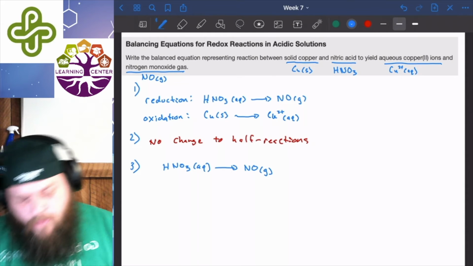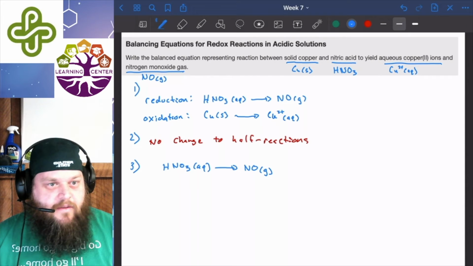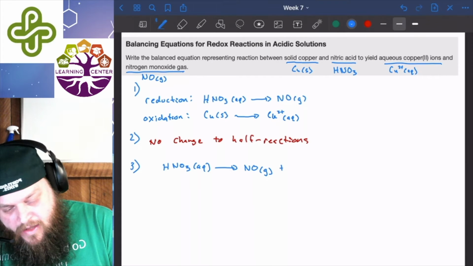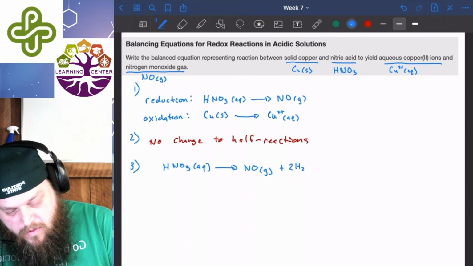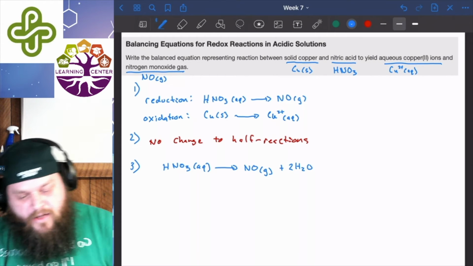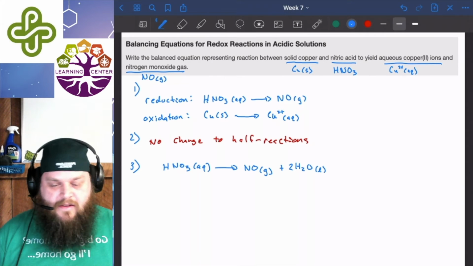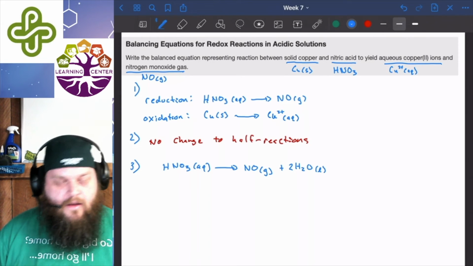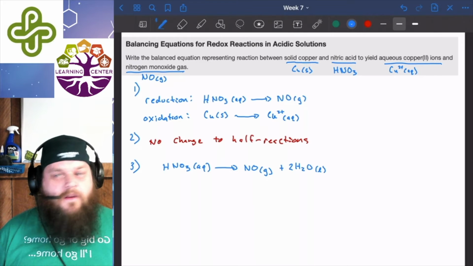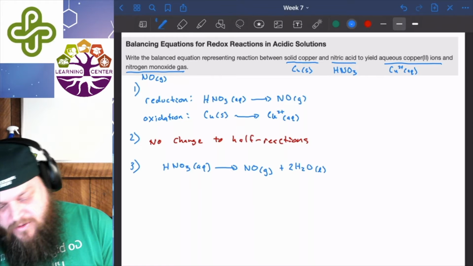Well, we know that the oxygen's not balanced. We need 2 more oxygens in there. So we can add 2 H2O to that. By adding that 2 H2O, which is going to be a liquid, of course, now our oxygens are balanced. We're ignoring the hydrogens being unbalanced; we're going to deal with that in the next step. But at this point, our oxygens are balanced.